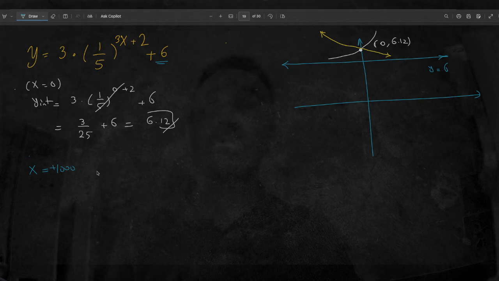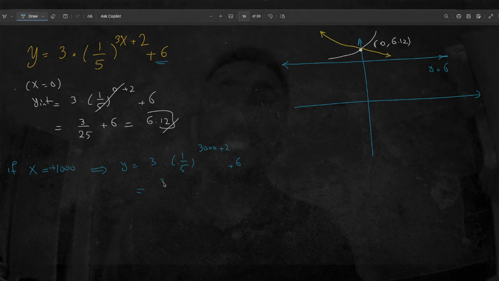That's the choice. Okay, if I put x equals 1000, then y equals 3 times 1 over 5 to the power of 3000 plus 2, plus 6. So it's going to be 3 over 5 to the power of 3002 plus 6.